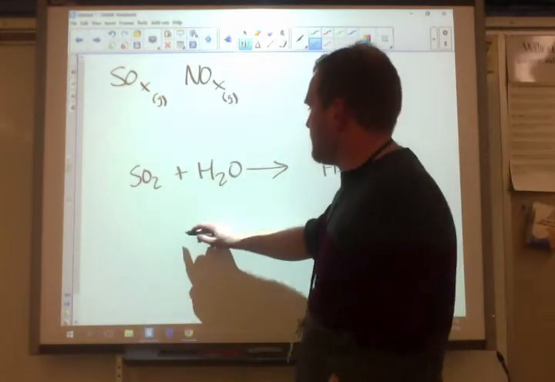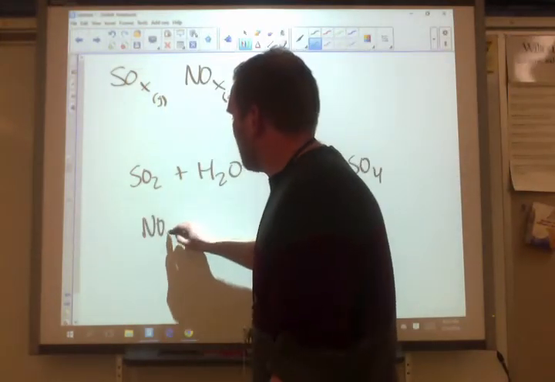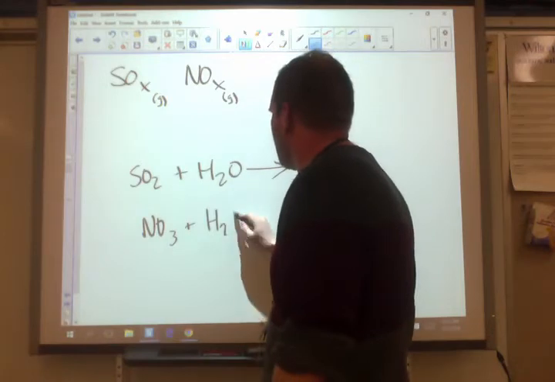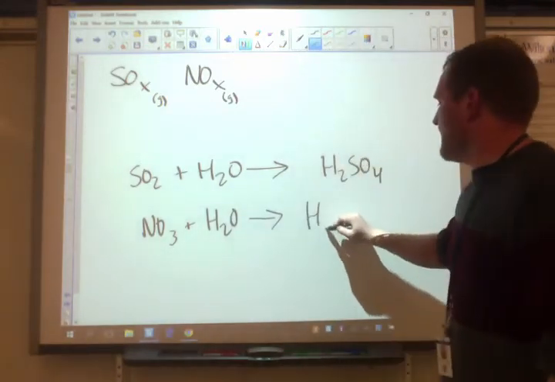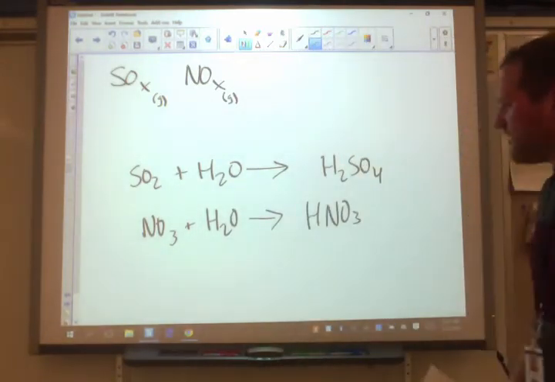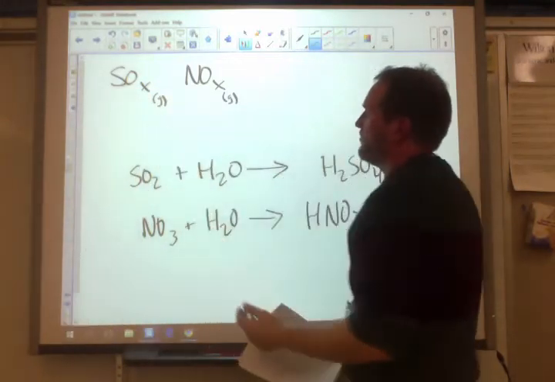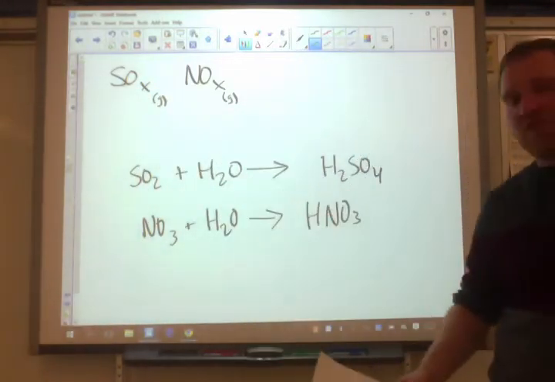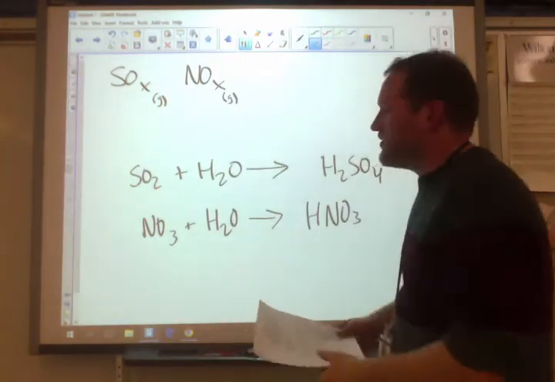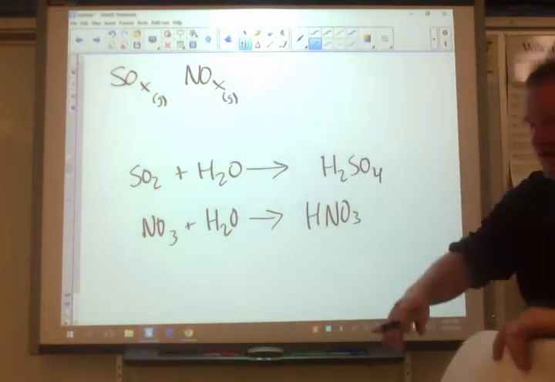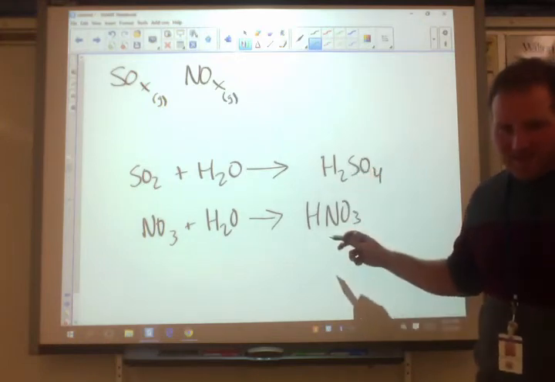For nitrogen oxide here, we're going to get something like perhaps NO3 plus H2O is going to form HNO3. But the point is, these pollutants, these SO2, SO3, NO2, NO3, they're going to enter the atmosphere and react with water. So instead of raining down water, we're now raining down acids.